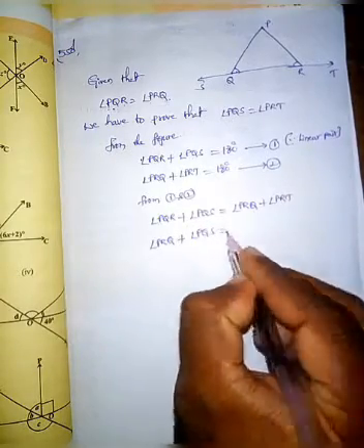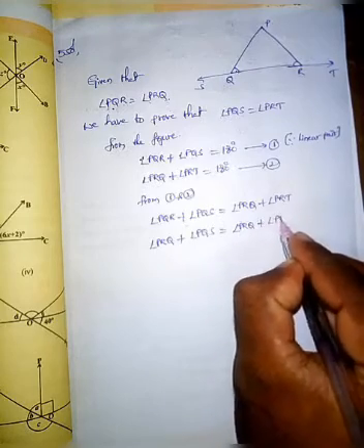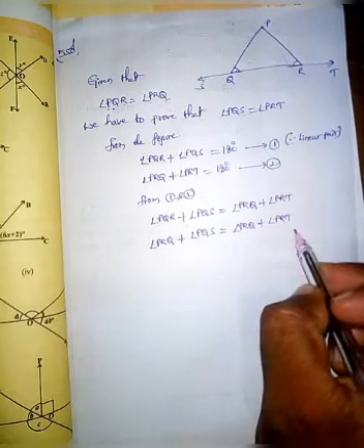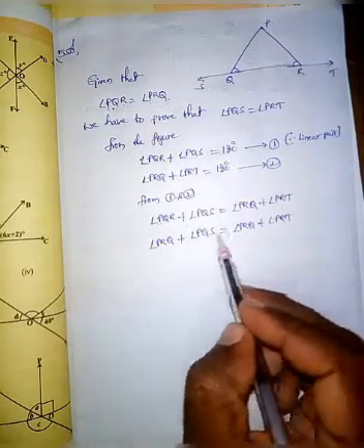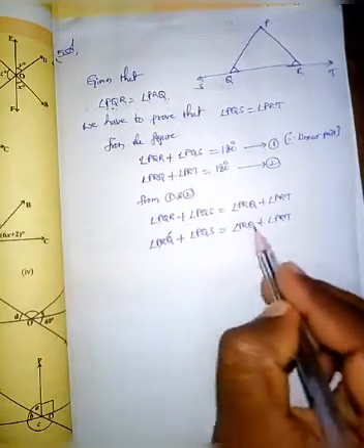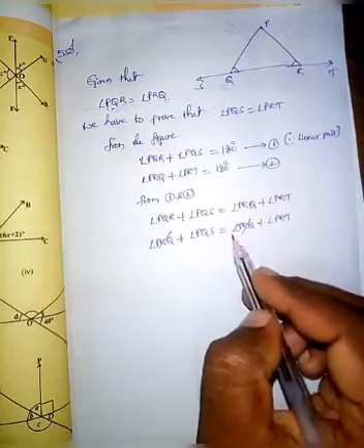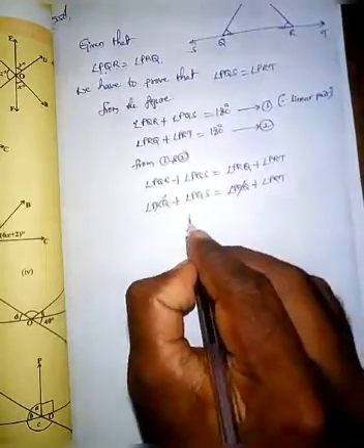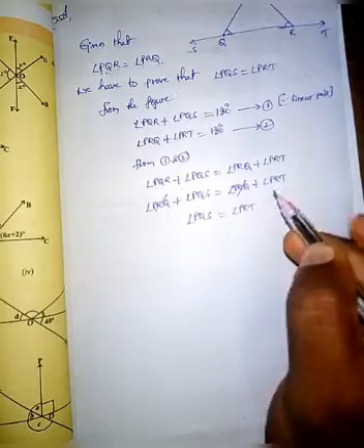Angle PQS is equal to, and write this one also as it is, that is angle PRQ plus angle PRT. Now we have same equal angles on either side of the equation. They are angle PRQ and angle PRQ. That's why cancel them. So the remaining angles are angle PQS is equal to angle PRT.